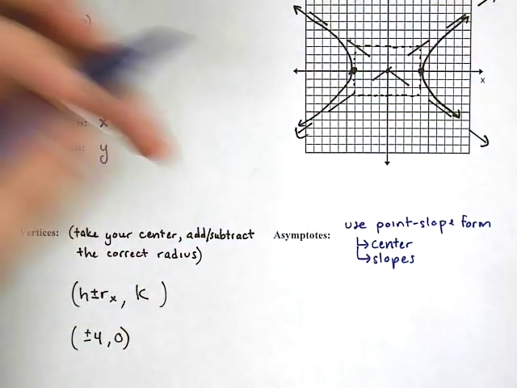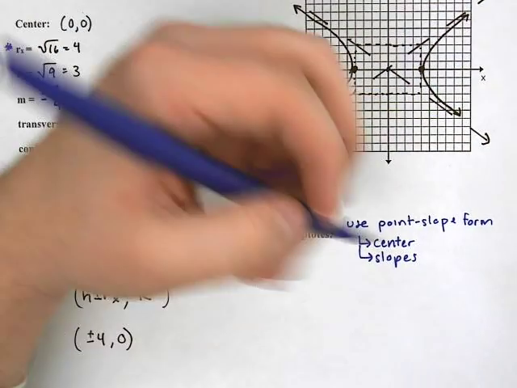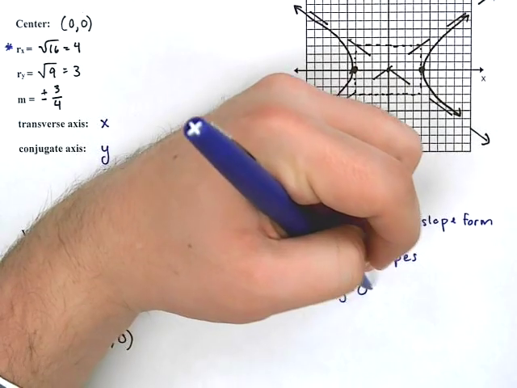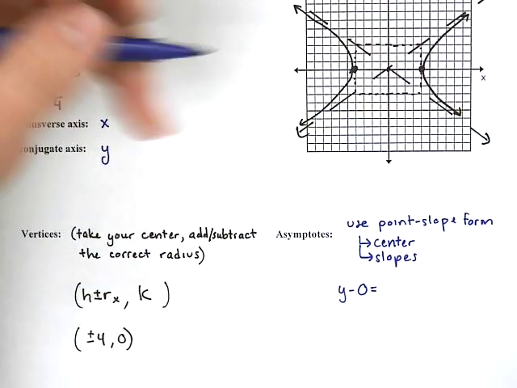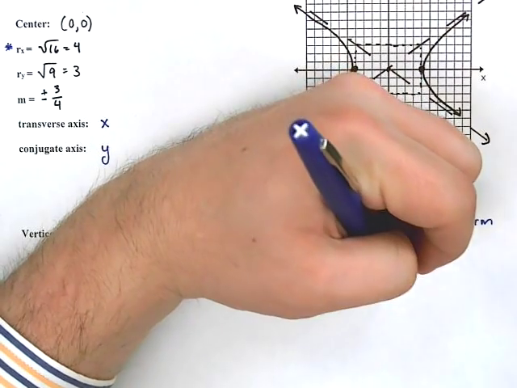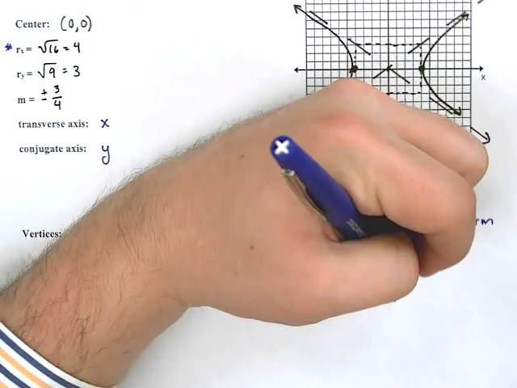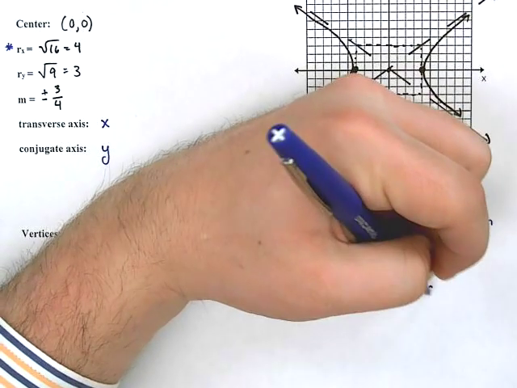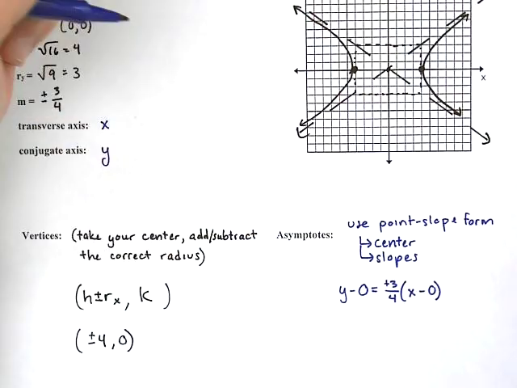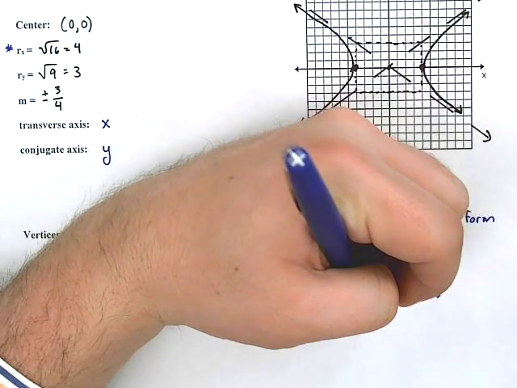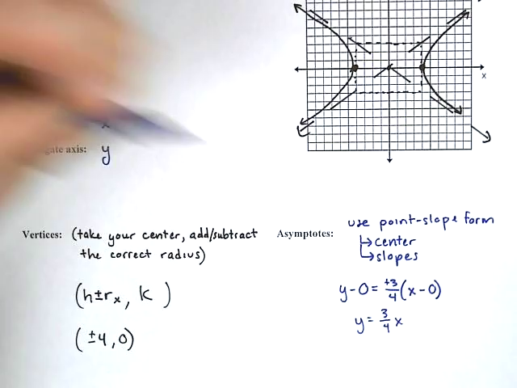In this situation our center was 0, 0, so this is going to be nice. We're going to have y minus 0 equals, well, one of my slopes was positive 3/4, 3/4 x minus 0. When I distribute and solve all that, I just get y is equal to 3/4 x.